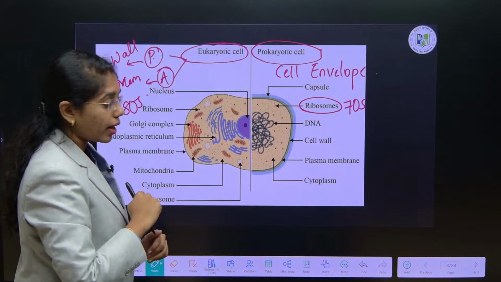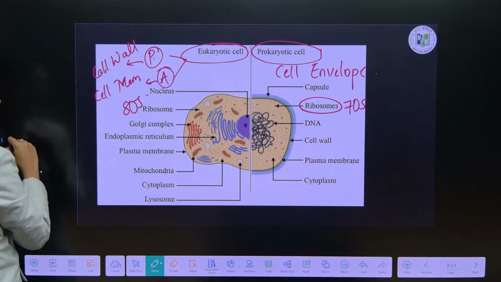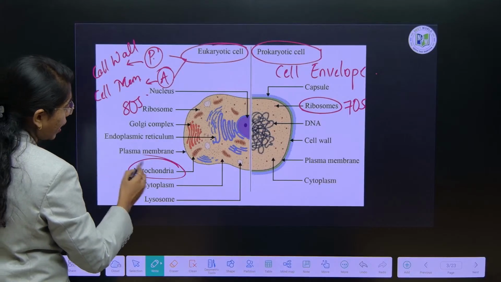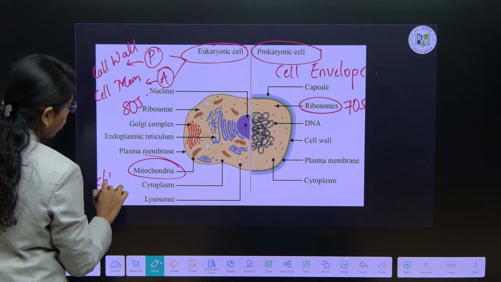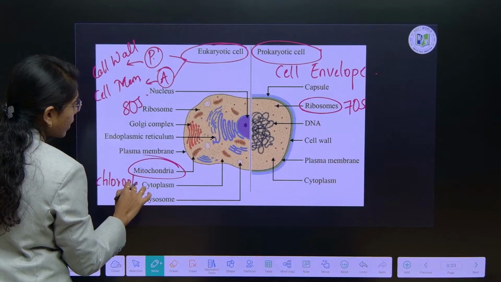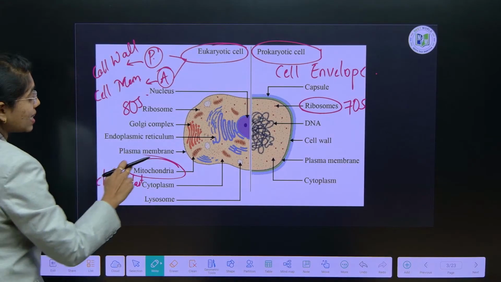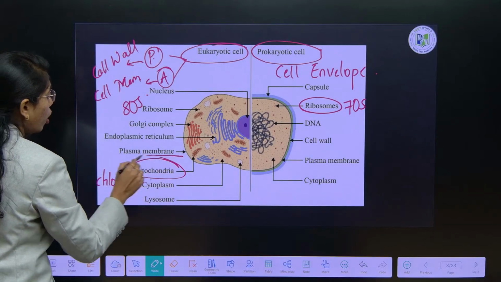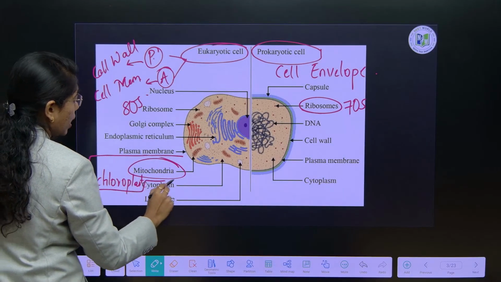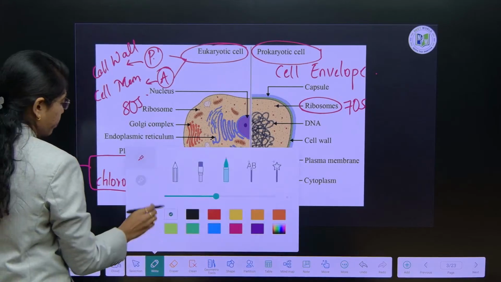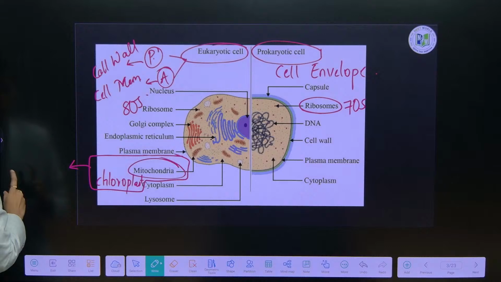There are two organelles, chloroplast and mitochondria. These two organelles have evolved from prokaryotic cell, which is addressed in the endosymbiotic theory.